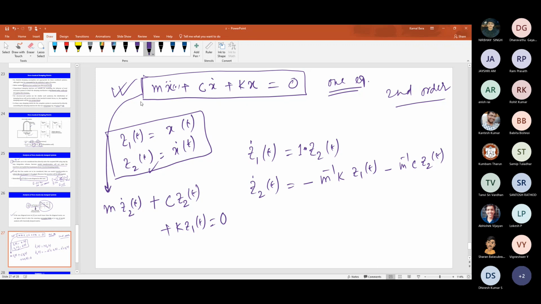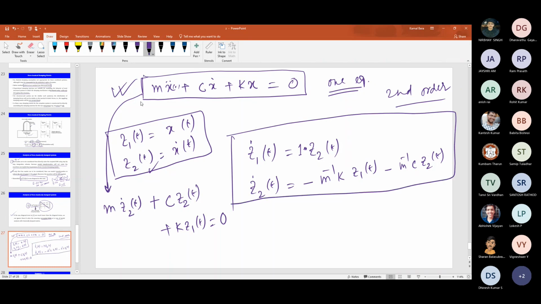All agree with this? Is it clear? Yes, sir. Both are same.